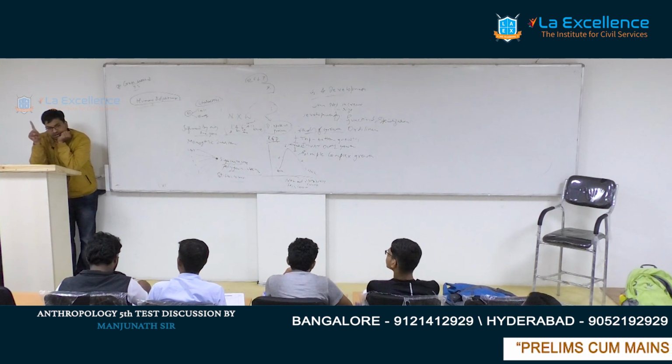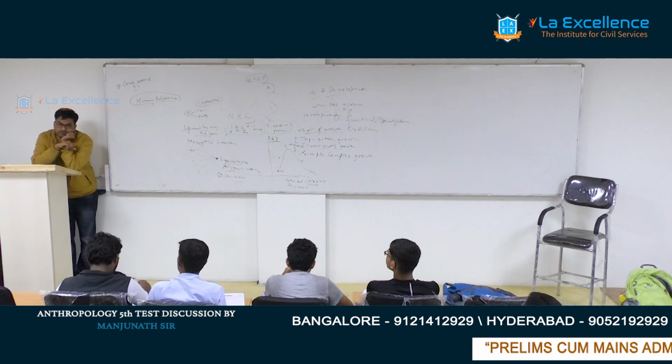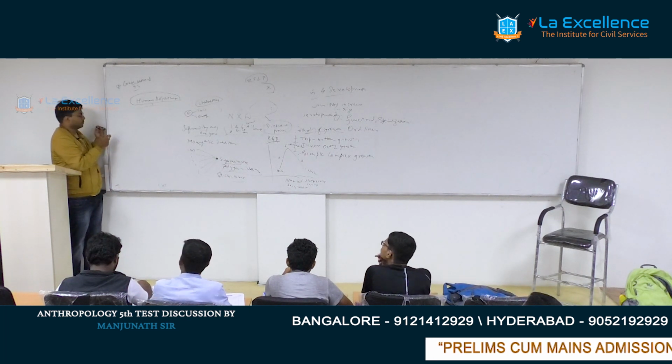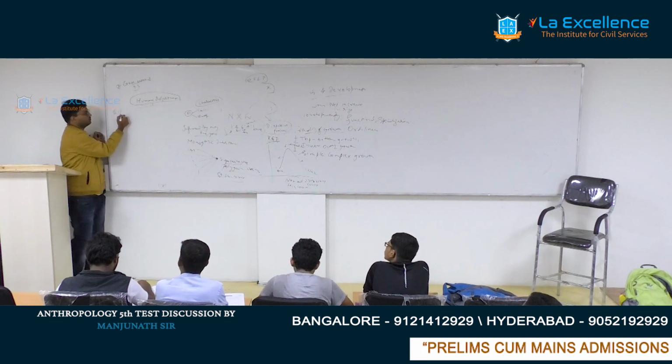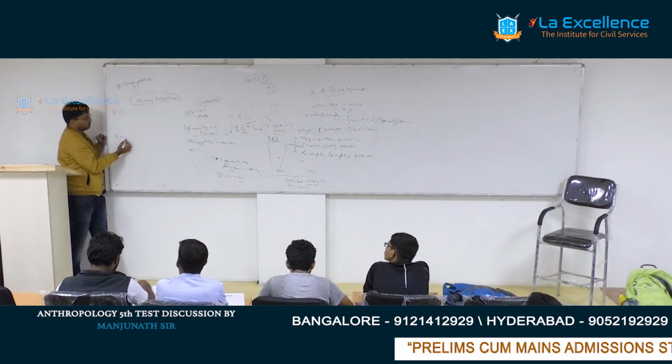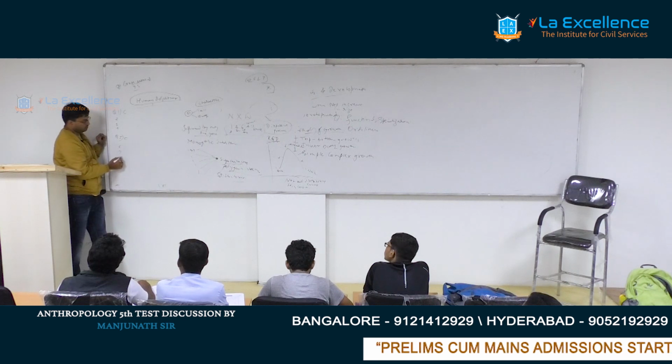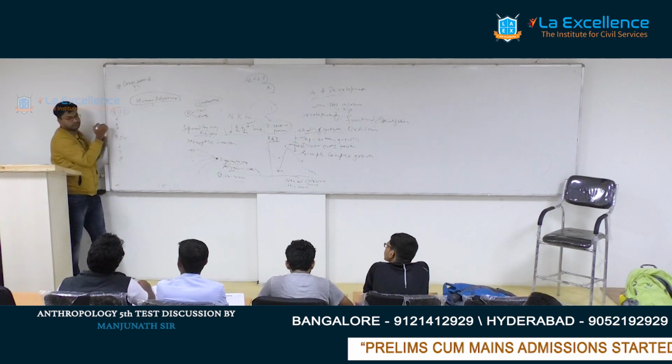And only in the last half an hour, I used to do the other compulsory question, like question 5. Question 1 is compulsory. Question 5 is compulsory. Next is 2, 3, 4, 6, 7, 8. I used to do these first.